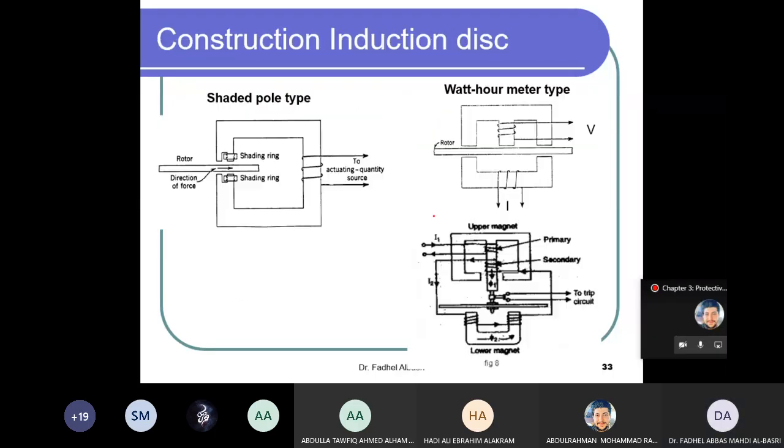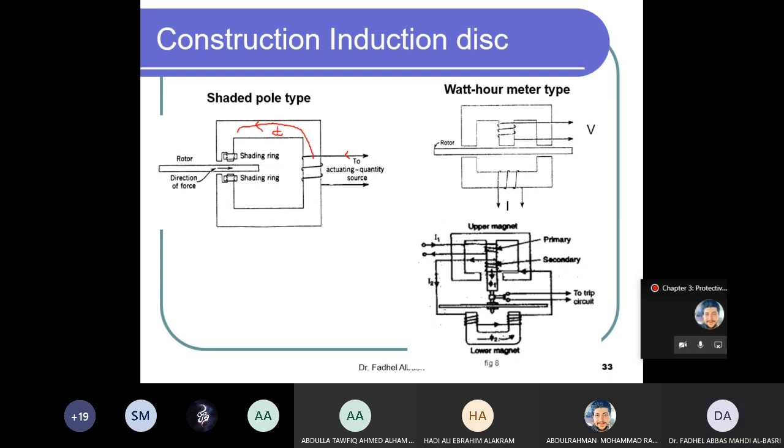Now we can make these two different types of induction disk. This is the cross-section. This is the core, this is the winding, and this is the disk. Once you pass a current here from the CT, it will generate flux phi in the core.